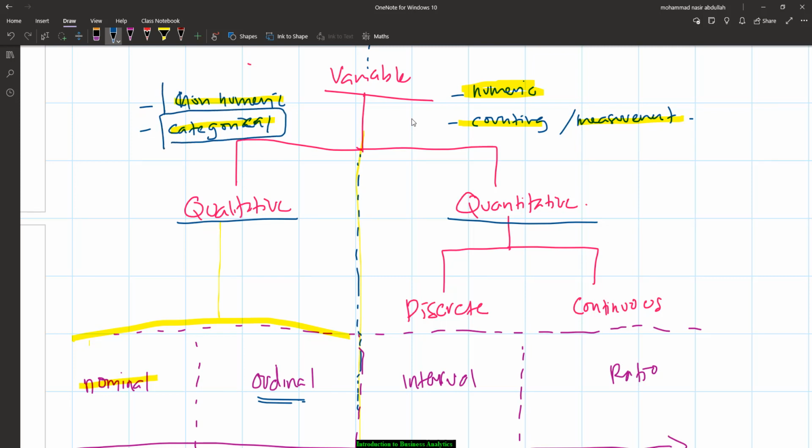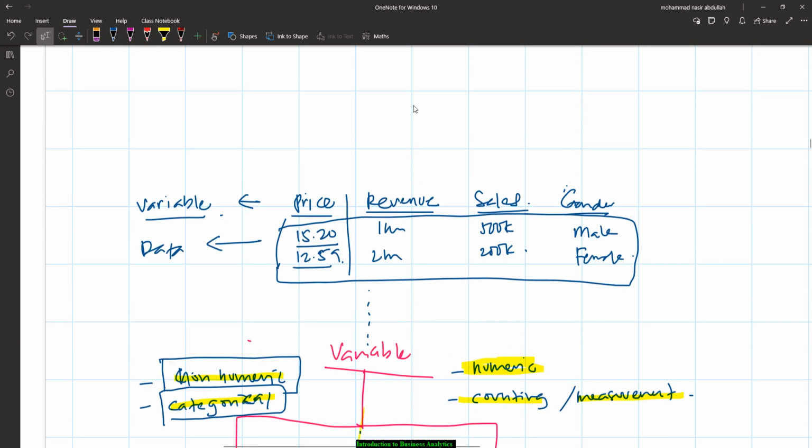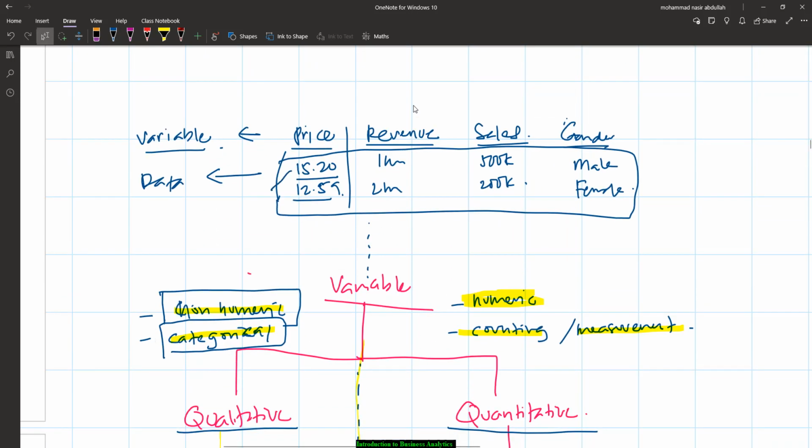Categorical data or non-numeric data. For example, kita tengok sini, this is a numeric data, right? Something yang ada numbers, right? This is non-numeric data, but we can make it into numerical, which is 1, 0, right? But this one, male and female, is non-measured data, right?